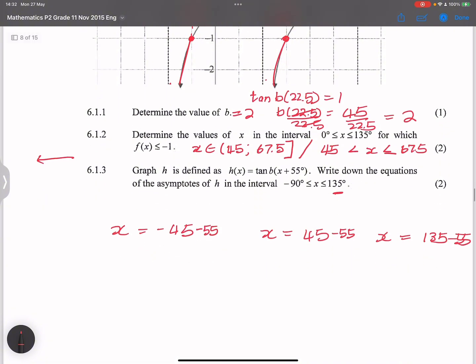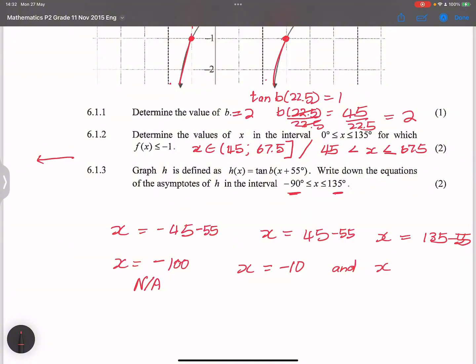So if I look at it, the first asymptote would be at minus 100. But now remember, this is not going to be applicable because we're looking at the interval negative 90, right? So this is not going to be applicable. So we're going to have 45 minus 55. This is going to be negative 10. Okay. And the last one would be x equals 135 minus 55.